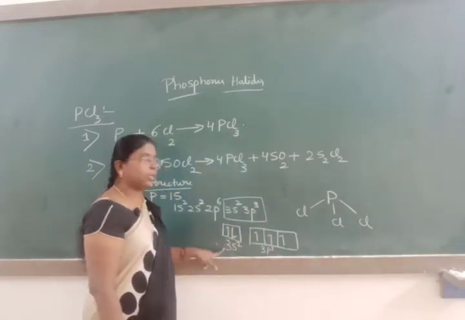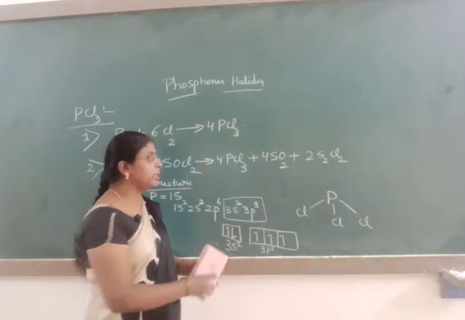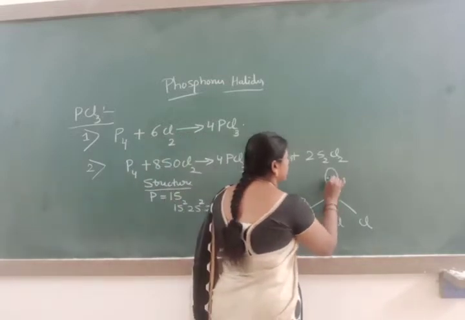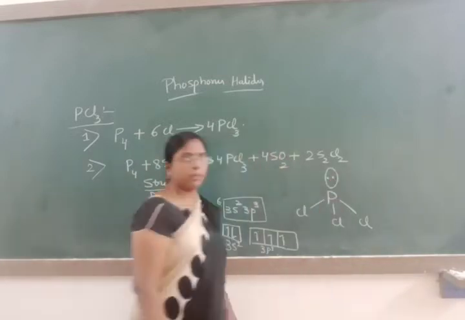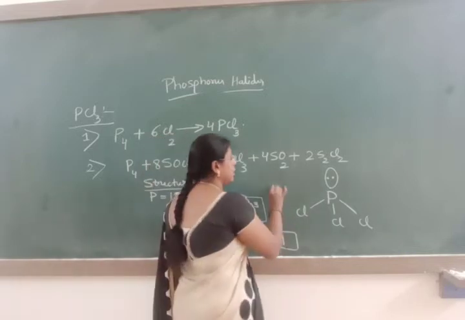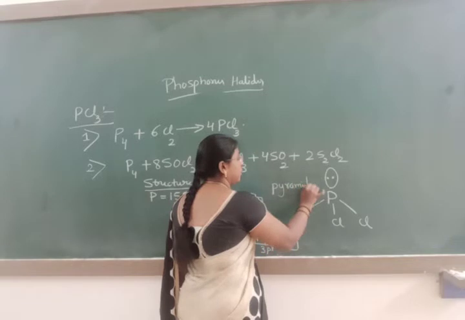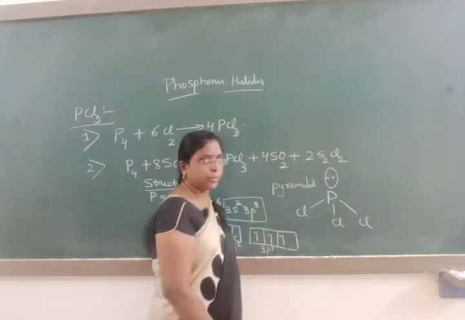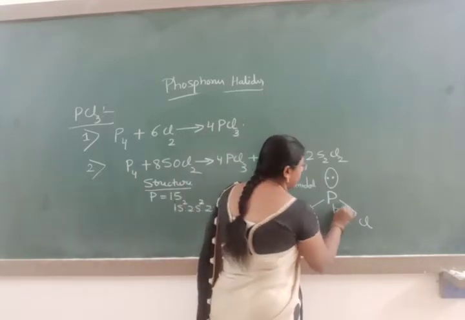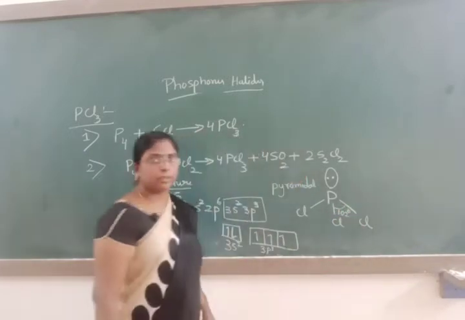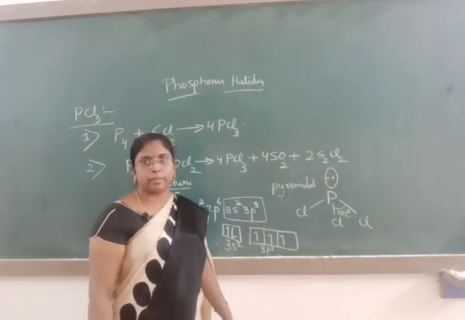The remaining 3s2, 2 electrons, will form a lone pair of electrons on the phosphorus. Its structure is pyramidal. And the bond angle in PCl3 is 102 degrees. So this is the structure of PCl3.